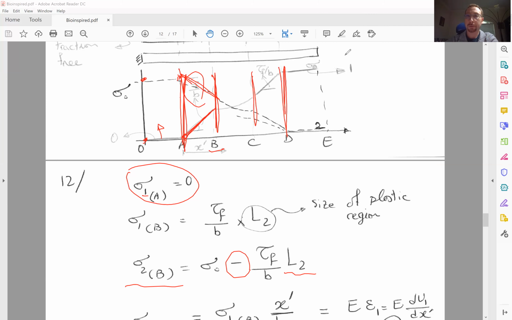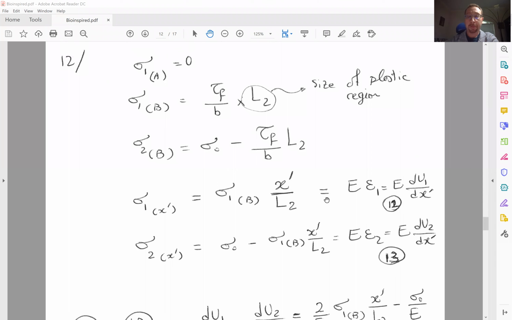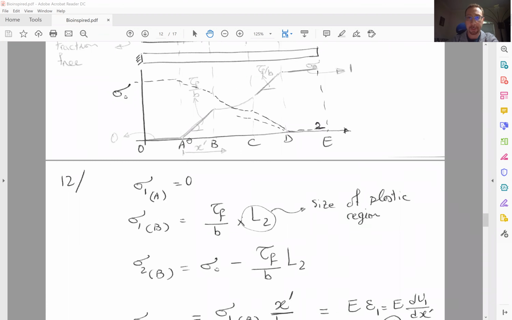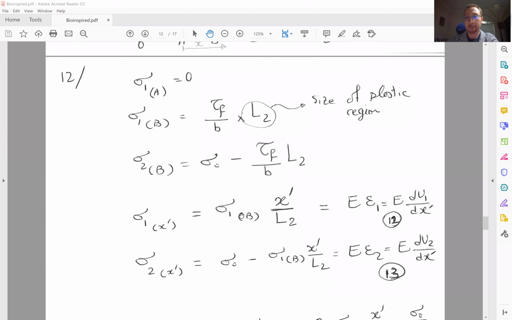Therefore, in this region from here to here, I can assume that sigma 1 is varying linearly, and the equation for that is: sigma 1 of x prime is sigma 1 of B times x prime over L2.